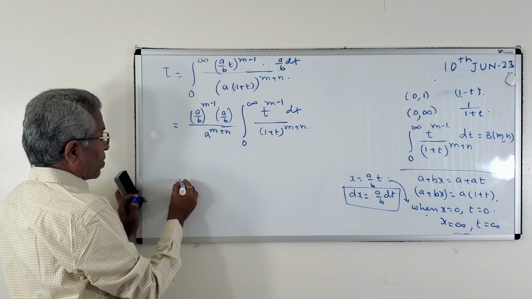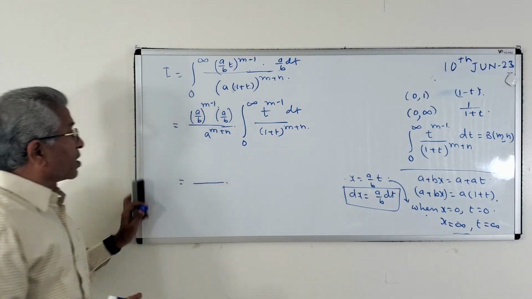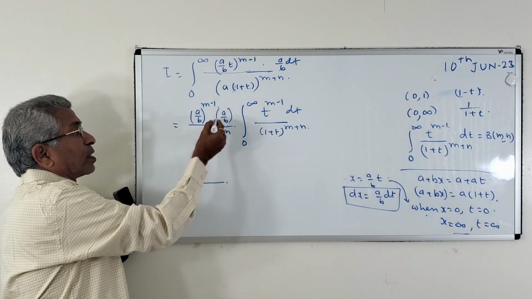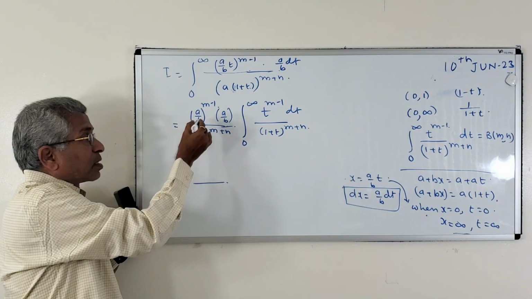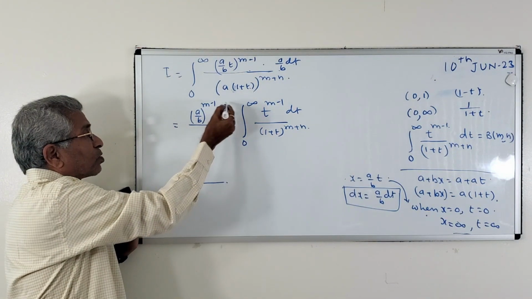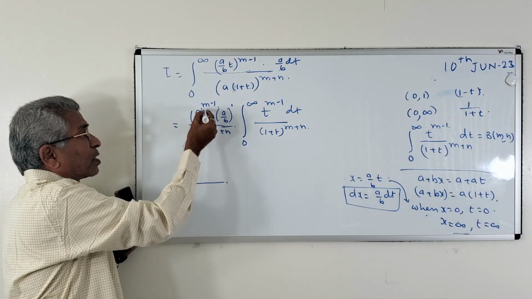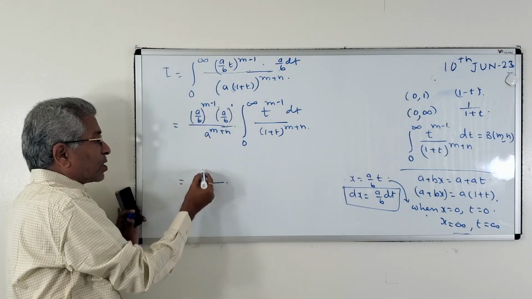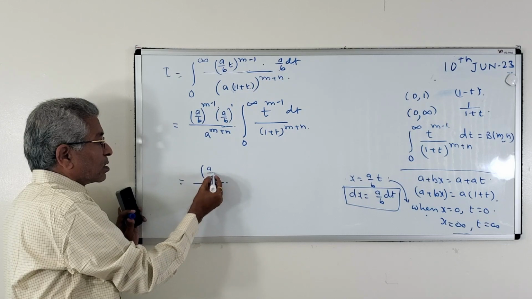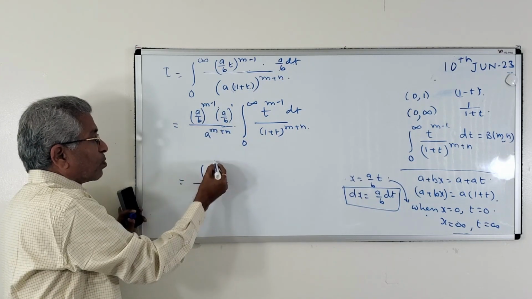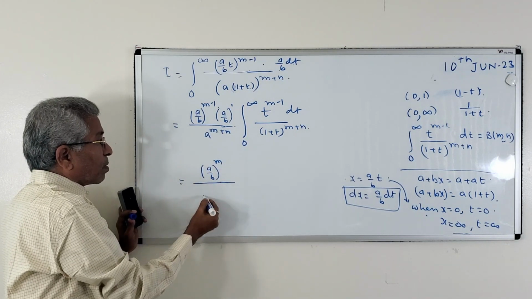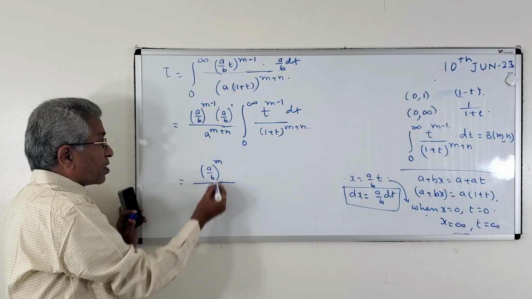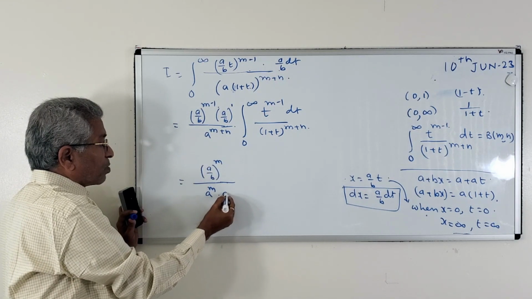Now this is equal to, see again here, a by b, same base, so add the powers. A by b raised to m minus 1, a by b raised to 1 means it is a by b raised to m only, divided by a raised to m, separate this one, into a raised to m.